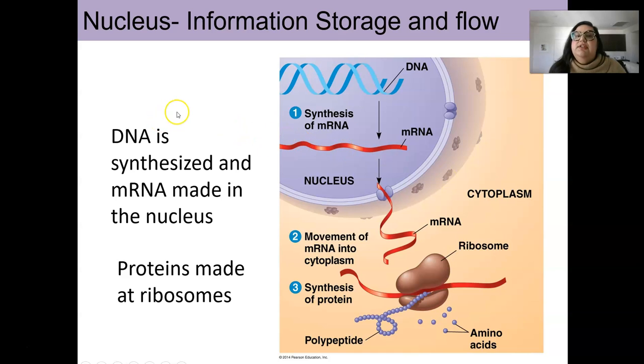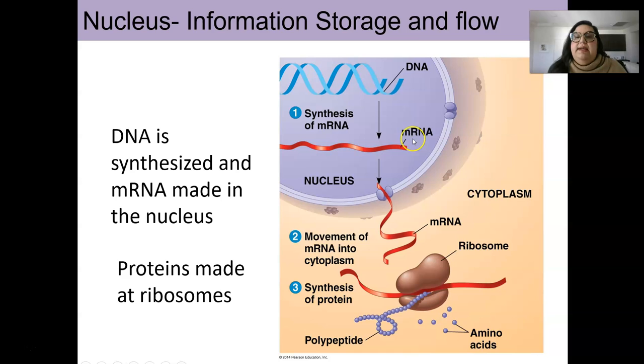So let's start at the nucleus. The nucleus is the site of information storage and information flow. We already said that the DNA is located in the nucleus in a membrane-bound system. The DNA is synthesized there, and then mRNA is made in the nucleus.